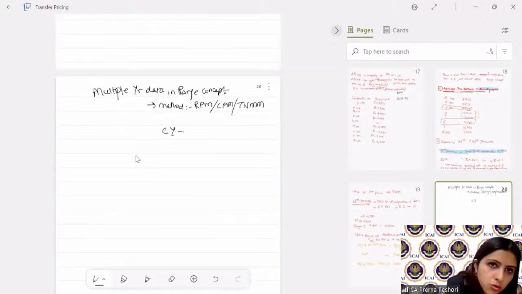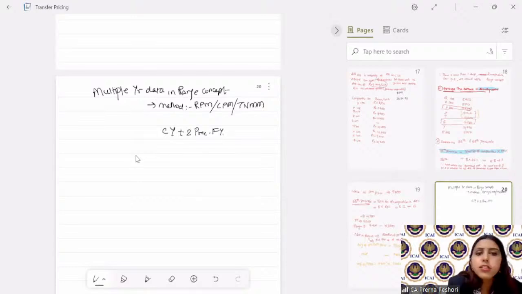This is different from what we have dealt earlier. The earlier one was that if you do not have the data altogether in current year, you can take the past year data. There it was just 1 year.